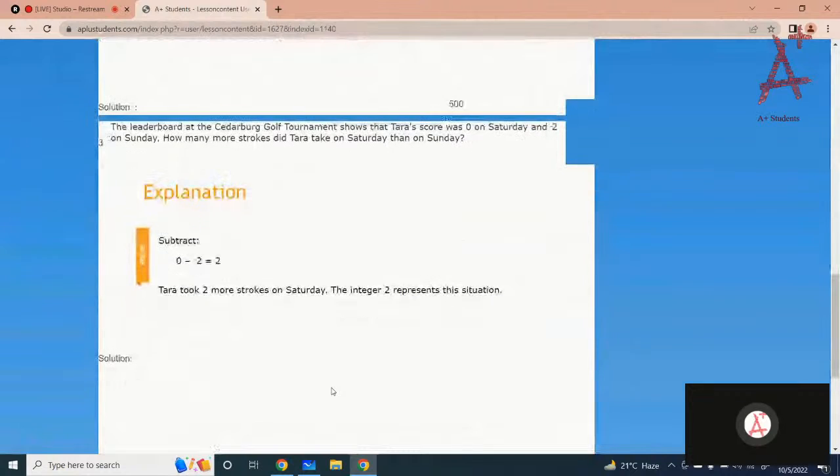Okay, the next one is the leaderboard at the Sedabak golf tournament shows that Tara's score was 0 on Saturday, negative 2 on Sunday.